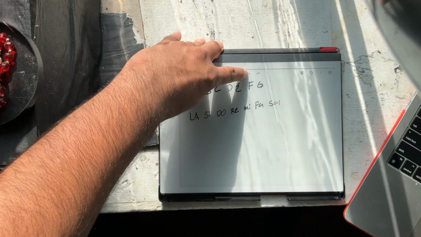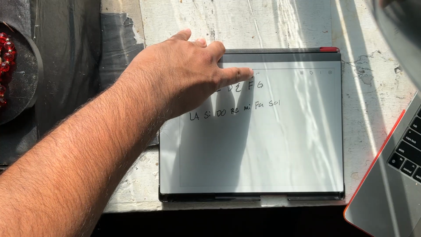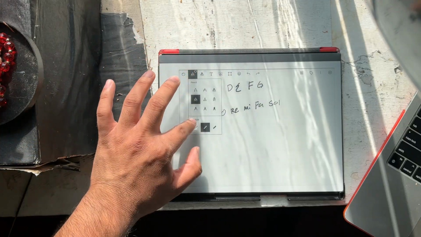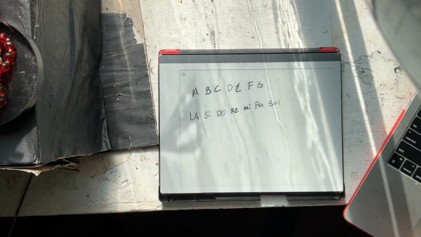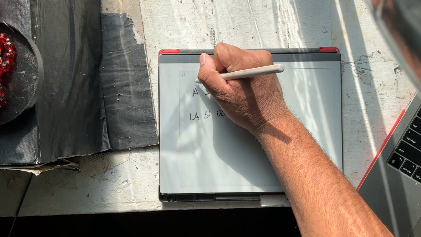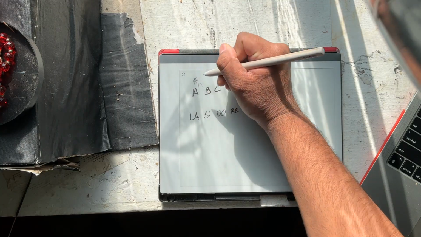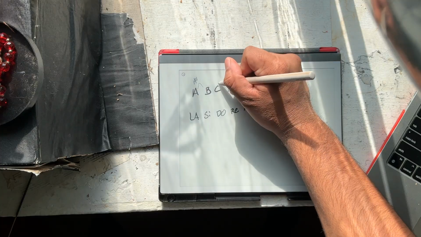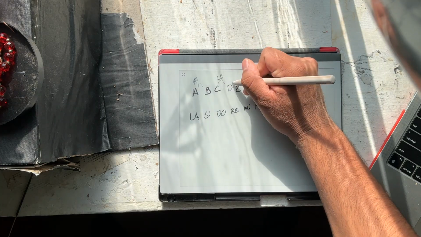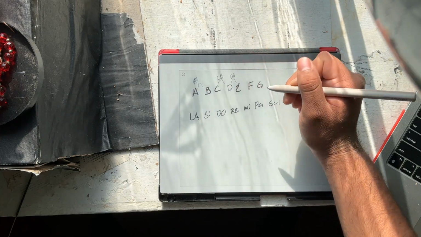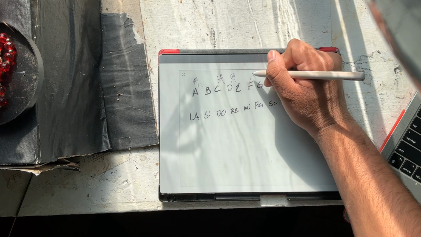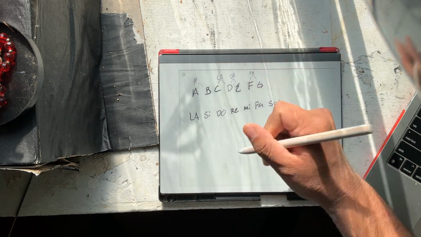You've probably seen these in music before. So in between these, it's A sharp, B, this is C sharp, D sharp, none between there, and then there's this F sharp.